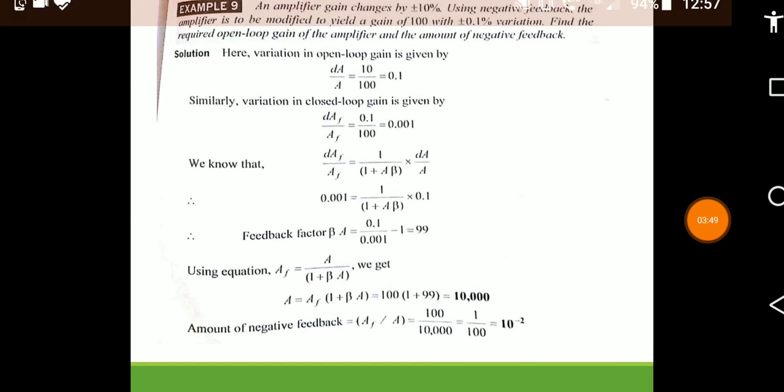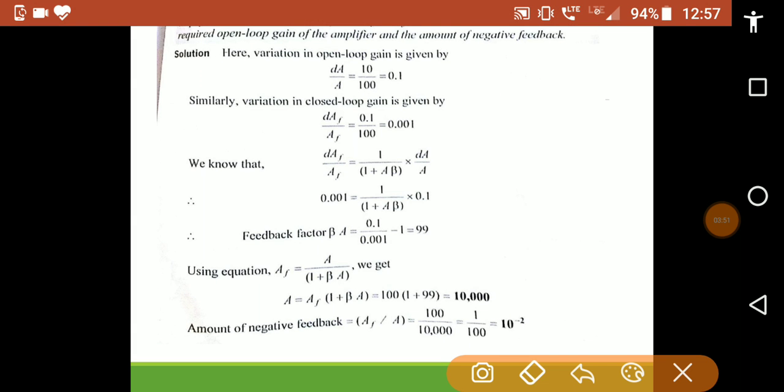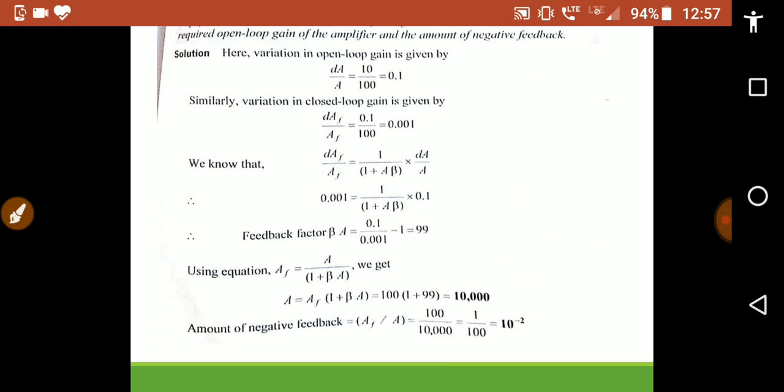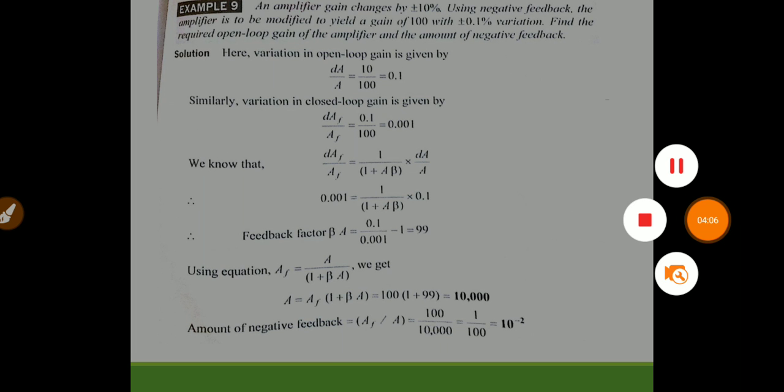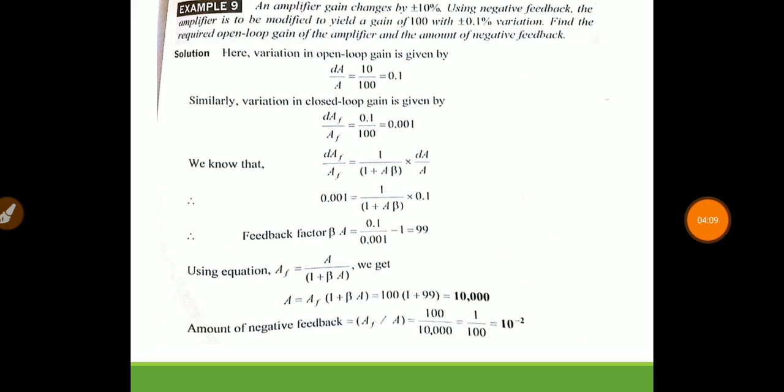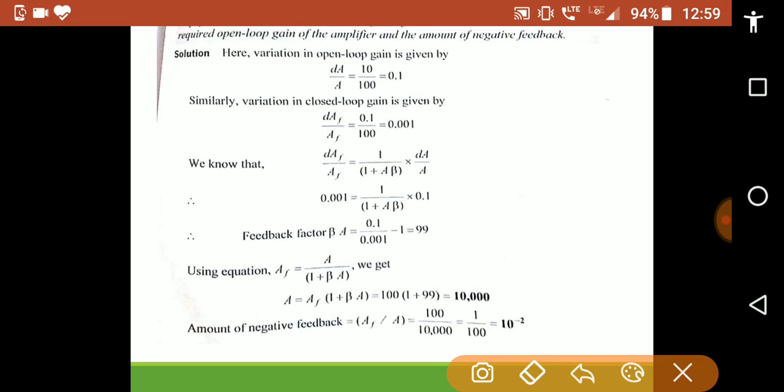So let us see another problem. Here the variation in the open loop gain is given by plus minus 10%.